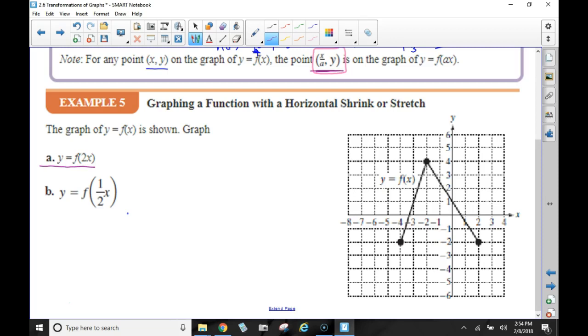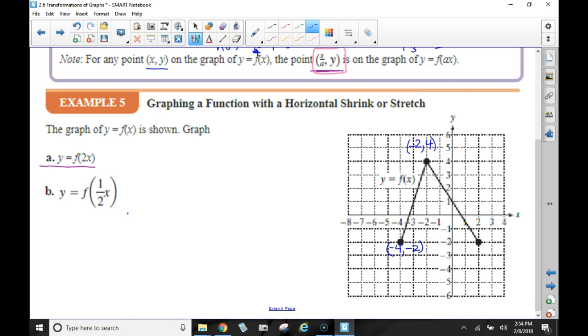And so if we pick out some key points on our given function over here, let's label some of those key points. Let me do that in maybe blue, okay? A key point down here is -4, -2. Up here we've got -2, 4.